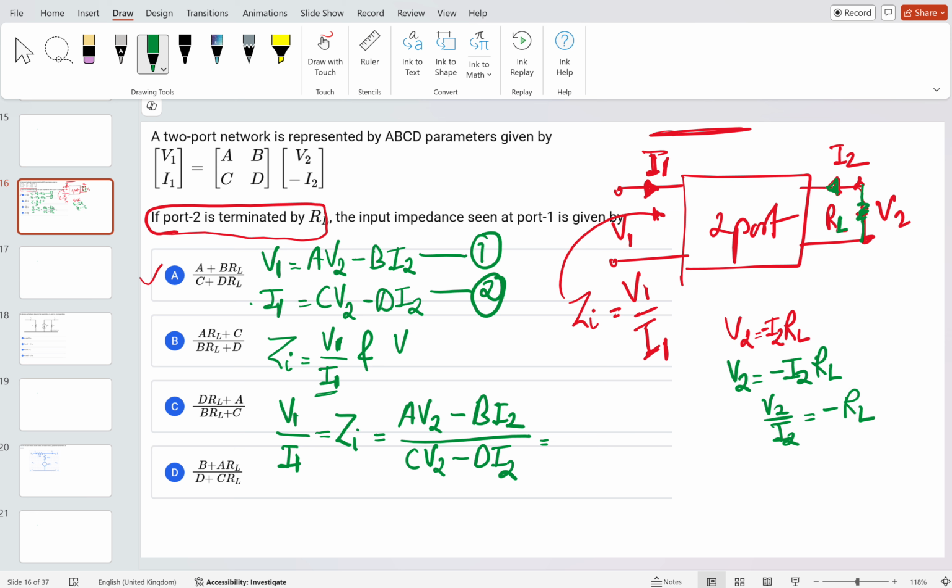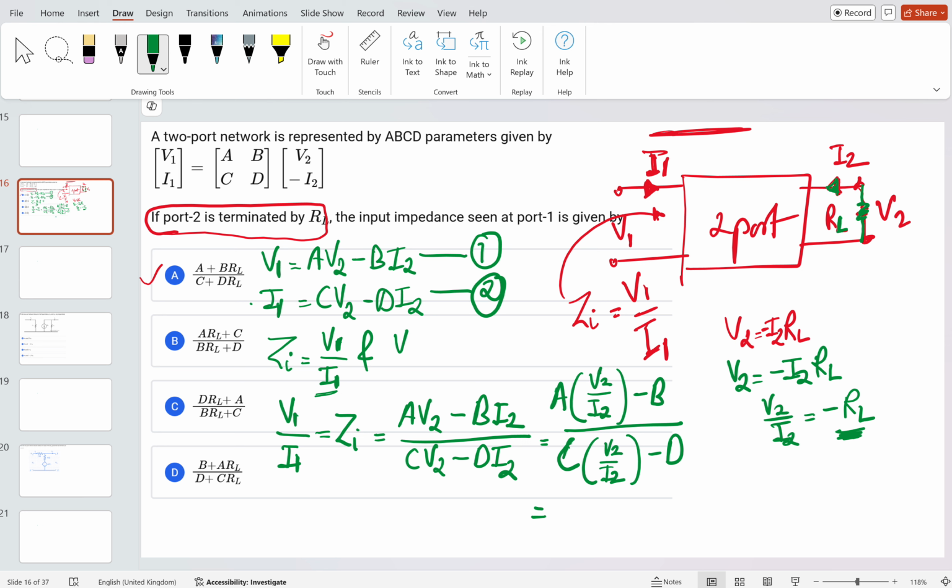If you divide the numerator and the denominator by I2, you simply get A times V2 by I2 minus B, divided by C times V2 by I2 minus D. We already know that V2 by I2 is equal to minus RL.